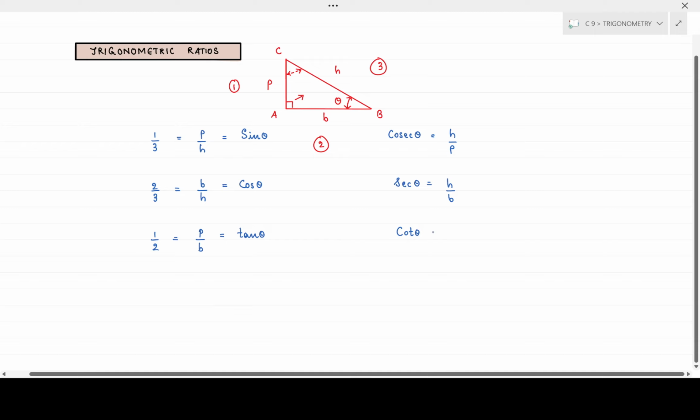The reciprocal of tan theta is cot theta. It is base by perpendicular. So these are the names you have to keep in mind, and these are known as trigonometric ratios. There are in total 6 trigonometric ratios.